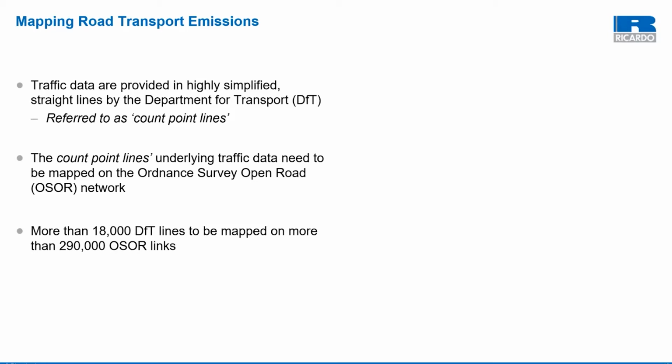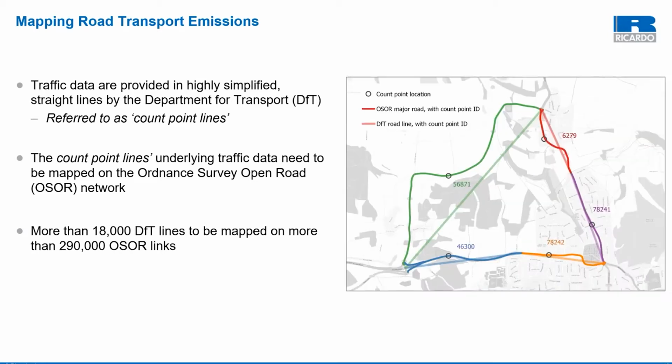And regarding some numbers, more than 18,000 DFT lines containing the traffic data need to be mapped on more than 290,000 open road links. We can see here an illustration of these road links, where the open road, the more complex and most representative network, is shown in the bolder color.